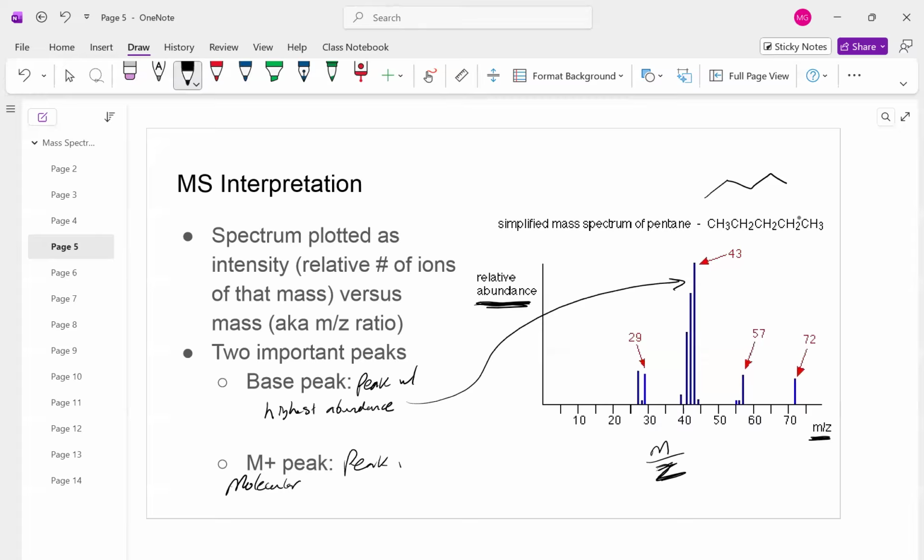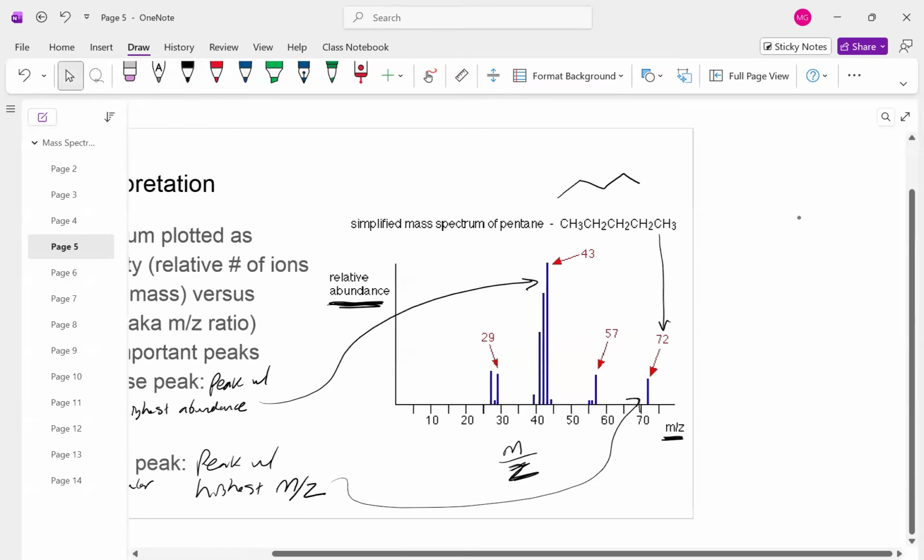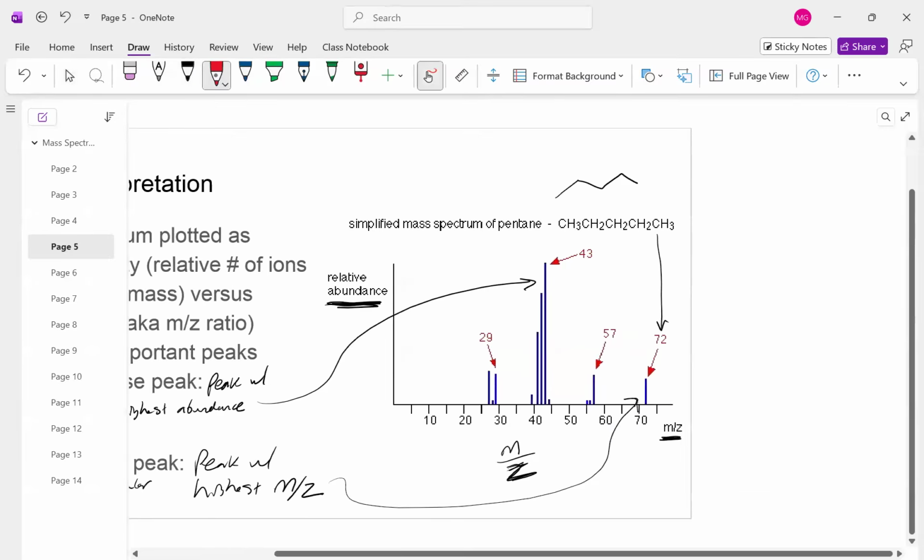This is the peak with the highest mass, and that is usually 99% of the time the molar mass of your compound. So if you were to take the molar mass of pentane, it would be 72. What that 72 represents is the molecular ion.